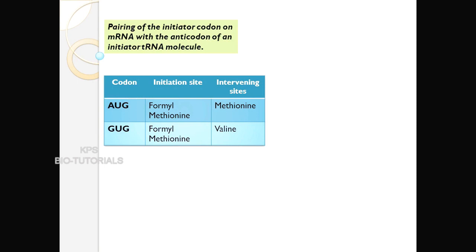If the codon is AUG, at the initiation site it codes for formyl methionine, and if it is GUG, at the initiation site it also codes for formyl methionine, and at intervening sites the AUG codes for normal methionine and GUG codes for valine.